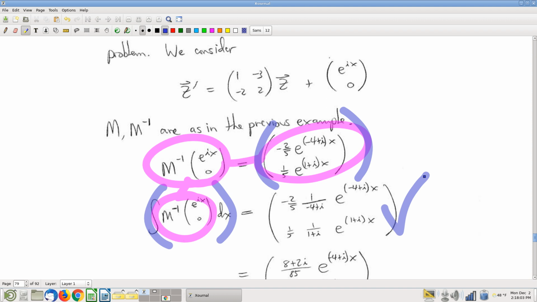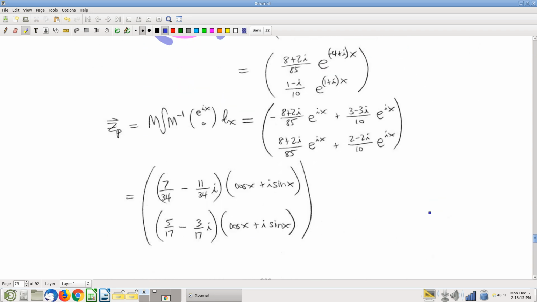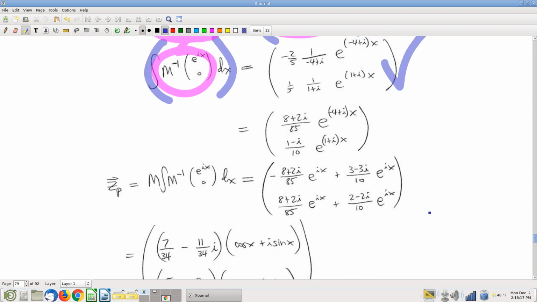So it's a big win. So if you find yourself in a situation like this one where you've got trig functions, think about instead looking at the associated complex equation. Okay, all right. And then of course, there is some complex arithmetic that you've got to deal with. You've got to convert that into that, but it's just arithmetic. And all else being equal, I would take complex arithmetic over nasty integration by parts every time.